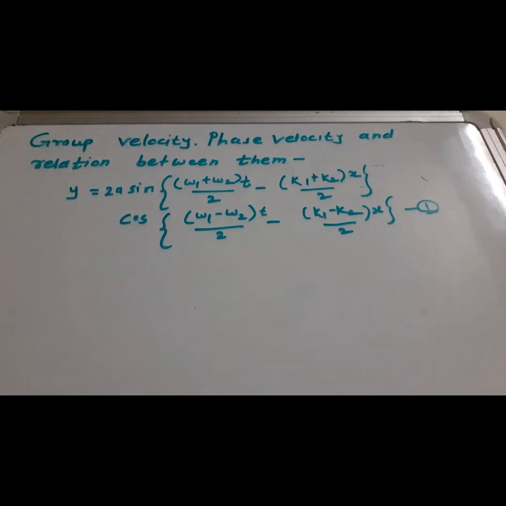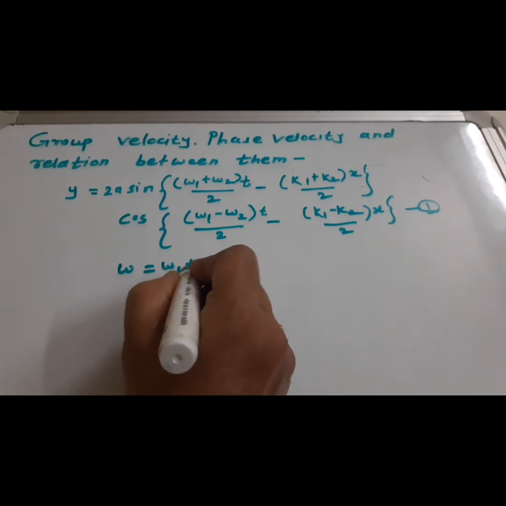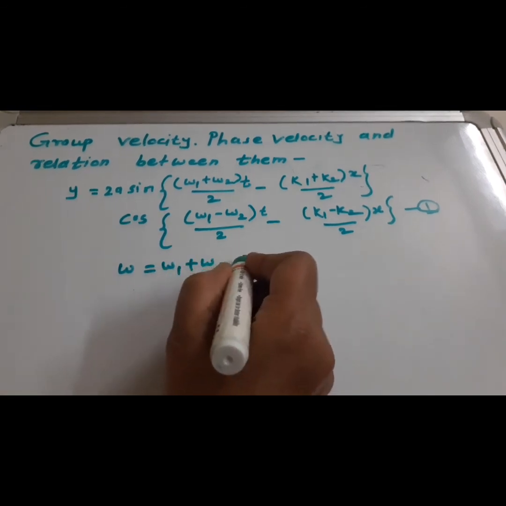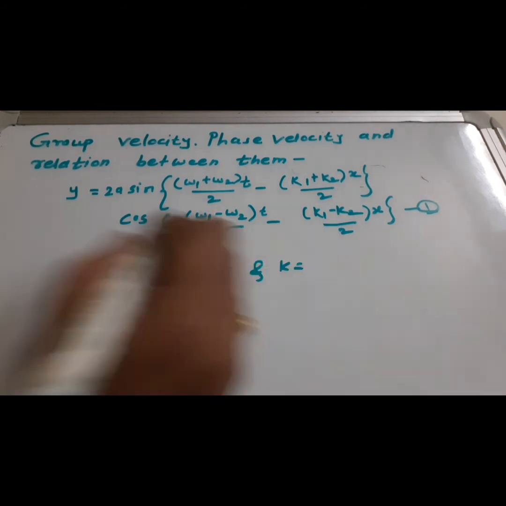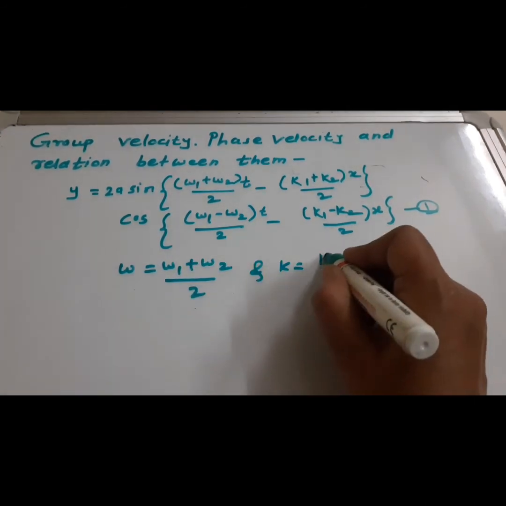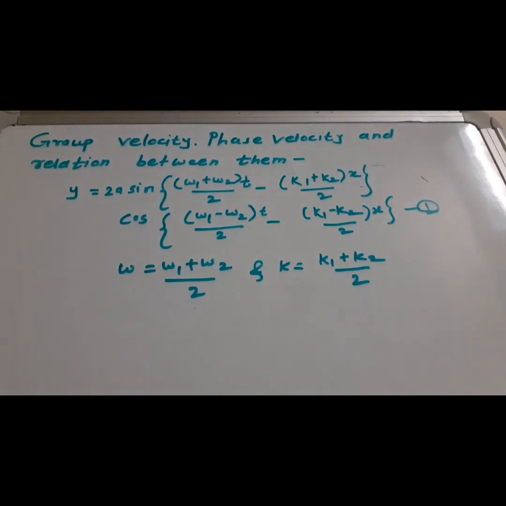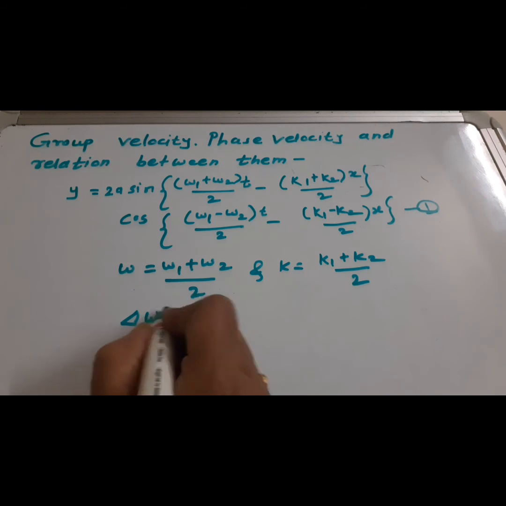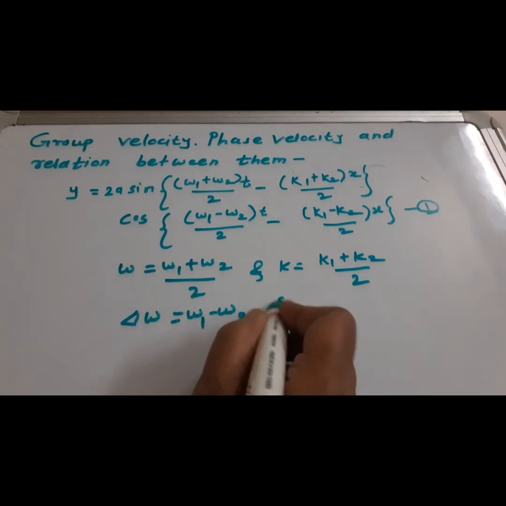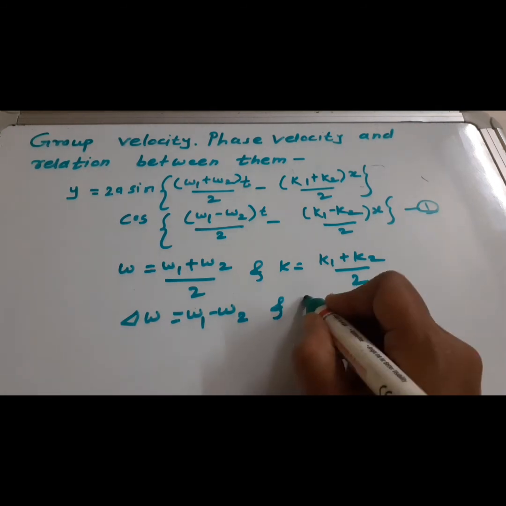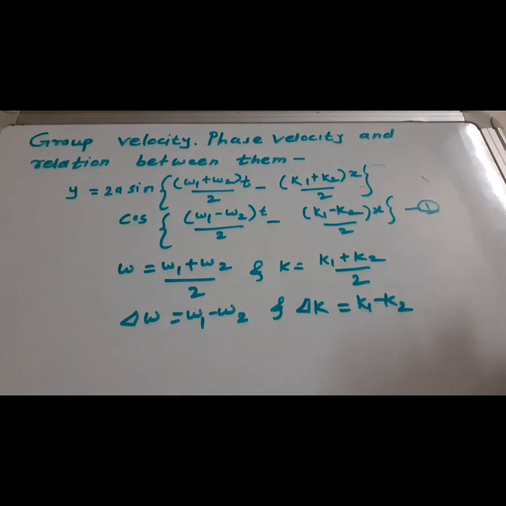Then we know that omega is equal to (omega 1 plus omega 2)/2, and k is equal to (k1 plus k2)/2. Also, delta omega is equal to omega 1 minus omega 2, and delta k is equal to k1 minus k2.